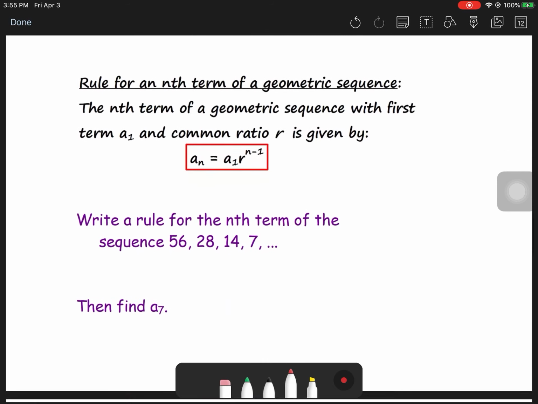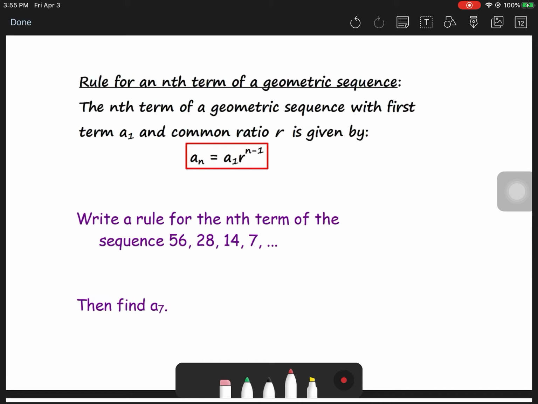Let's practice another one. So here's our sequence. Our first term is 56. And what's our rate? Well, it looks like we're cutting it in half each time. So our rate is going to be a half. Our rule will be a sub n equals the first term times the rate to the n-1 power.